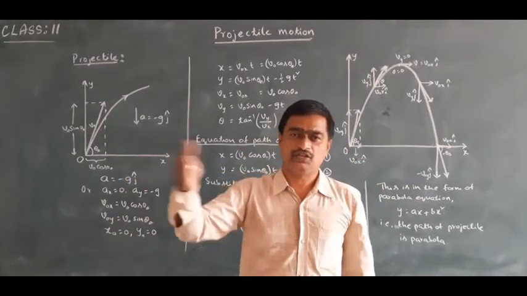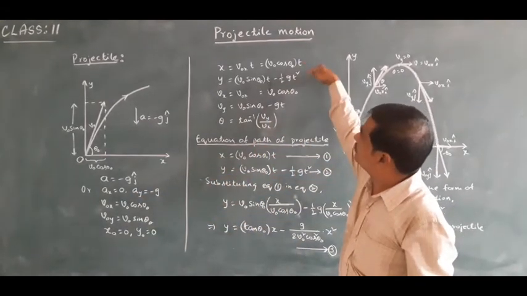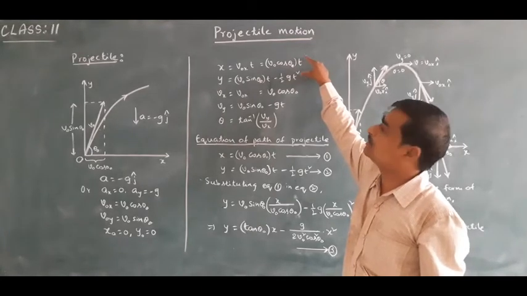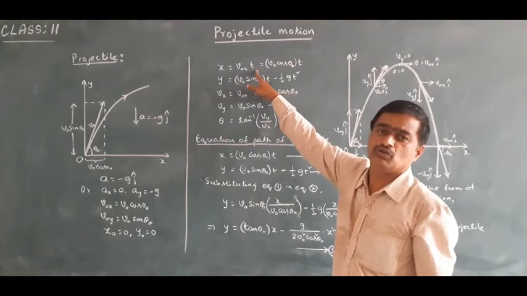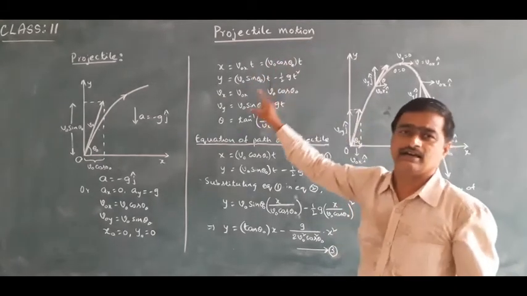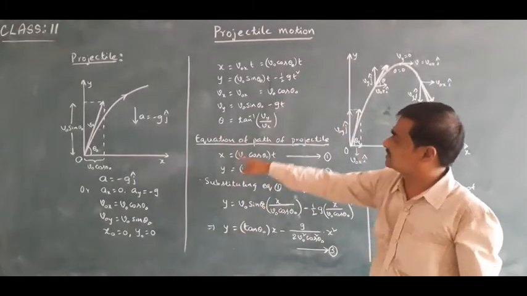That is, if we eliminate time from these two equations, we can get the equation between x and y, where there is no time in that equation. That is called the path of the projectile. For that, we take these two equations.